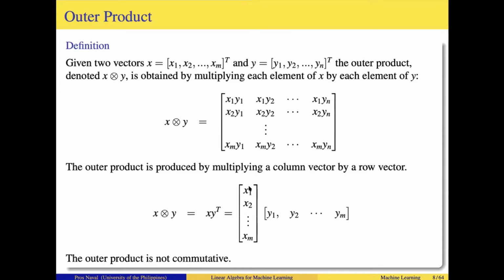So this is column by row. When you have column by row, you produce a matrix, not a scalar. Then take note also that the outer product is not commutative, meaning x cross y in general is not equal to y cross x.